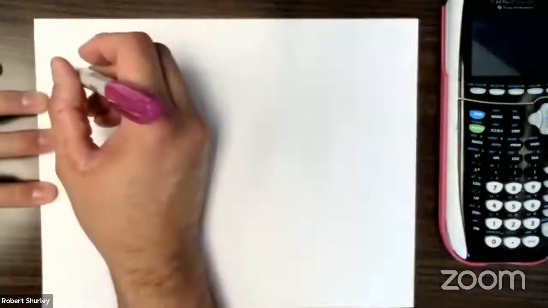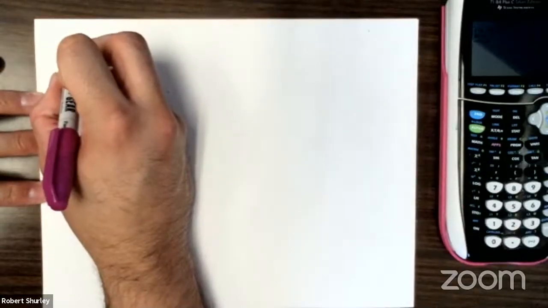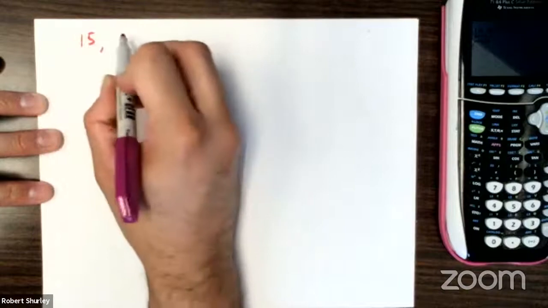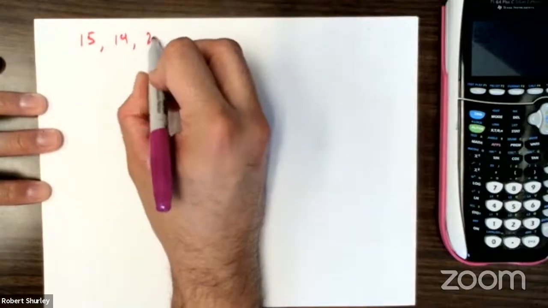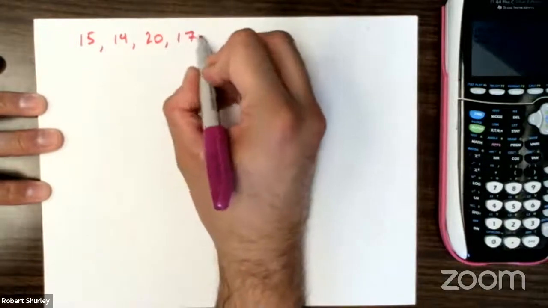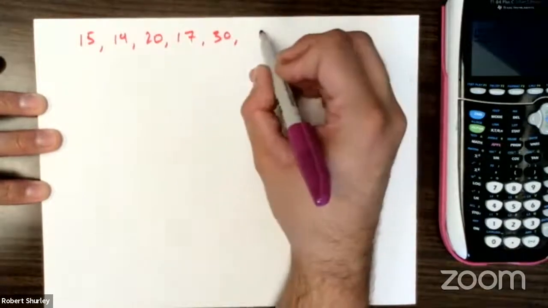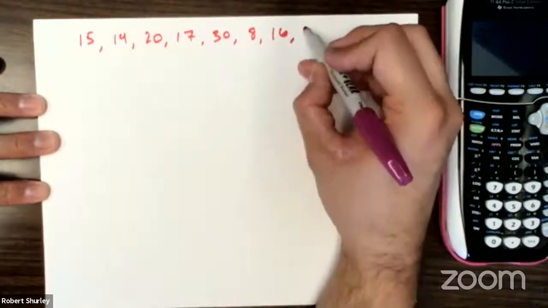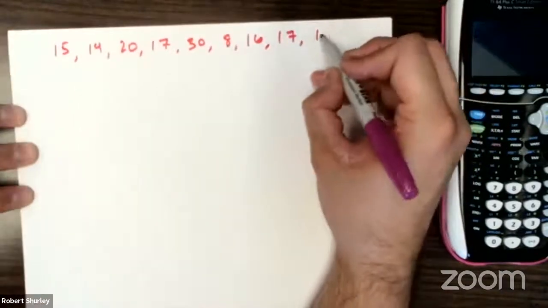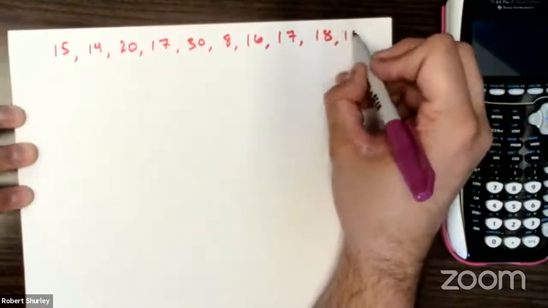we have a set of data. Let's say we actually go out and sample these students, and one student says they watch 15 hours, and another, we make them round to the hour, 14, and another says 20, and then 17, 30, 8, 16, 17, 18, and 15.